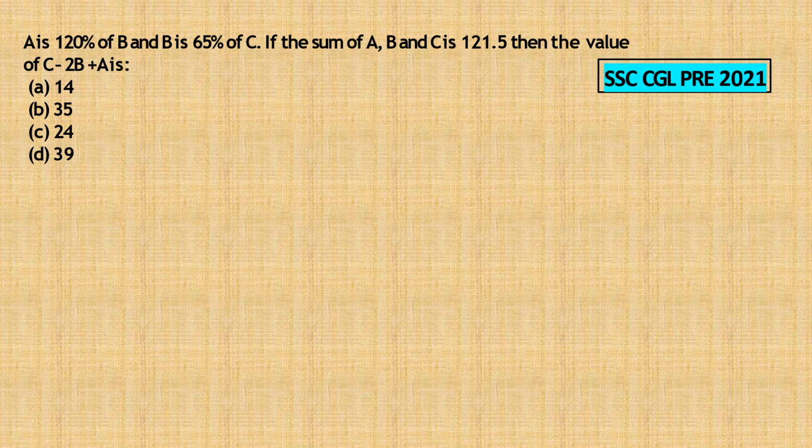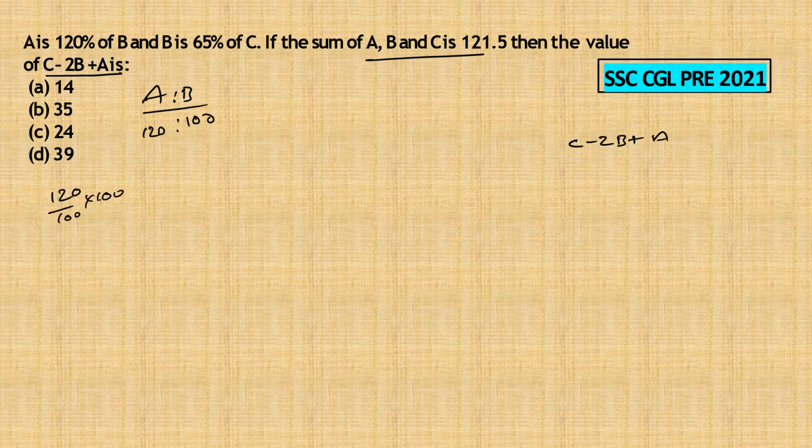A is 120% of B and B is 65% of C. If the sum of A, B, C is 121.5, then we need to find the value of C minus 2B plus A. We need to find the values of A, B, C. A to B is given as 120% of B. 120% of 100, you can write here 120 by 100 into 100 equals 120.